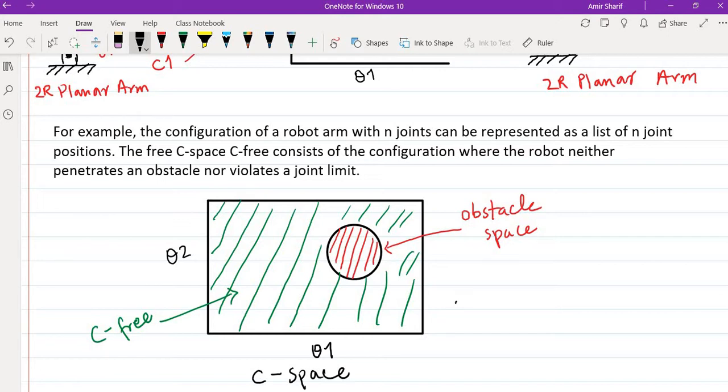So during motion planning or path planning, our robot should stay in this C free while moving, and it should avoid the obstacle space.